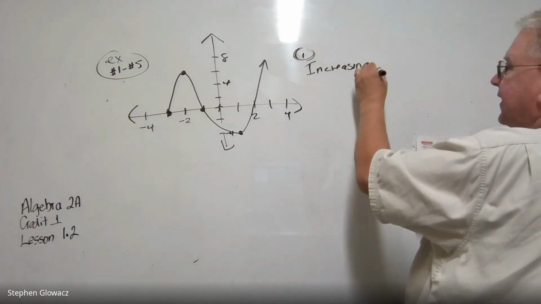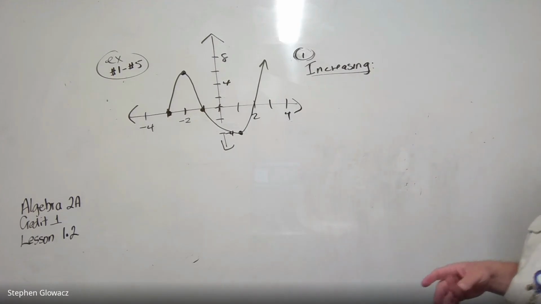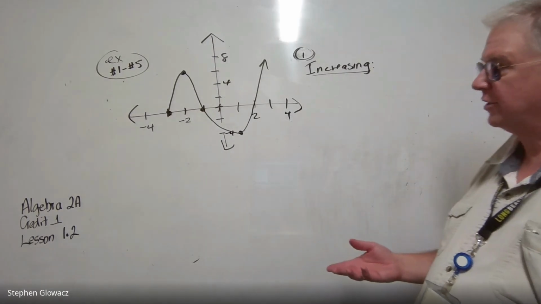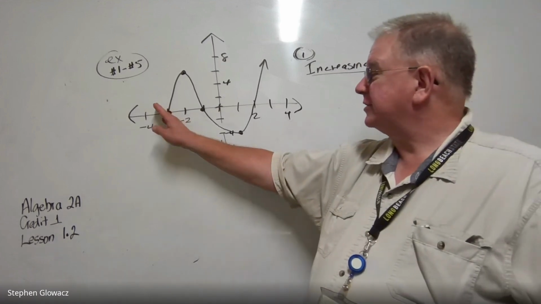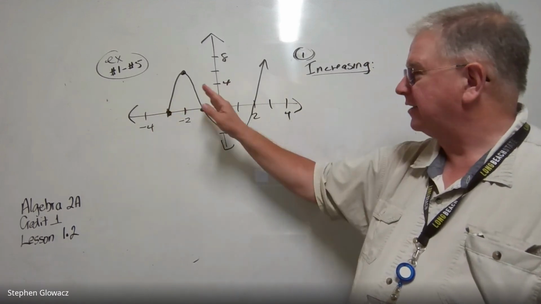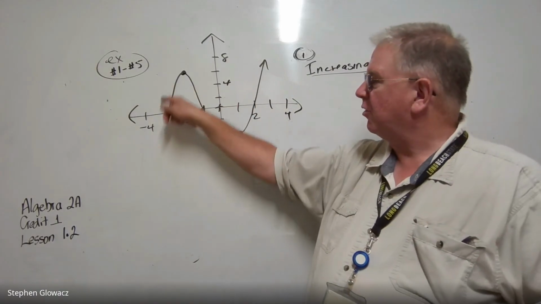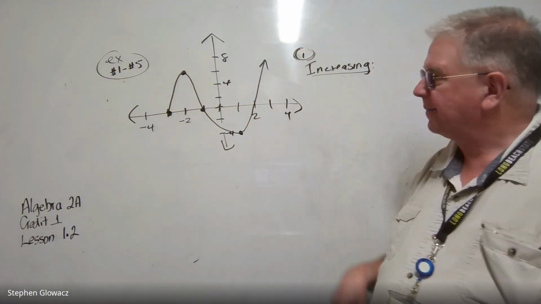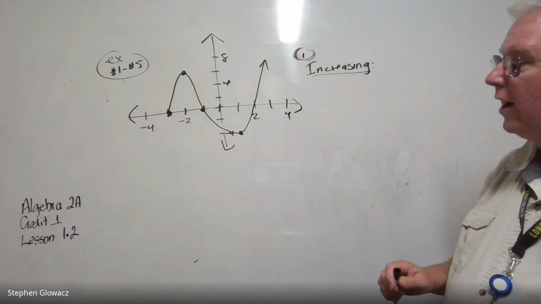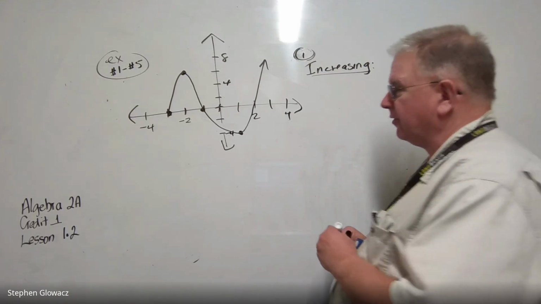All right, so one way to think of increasing is imagine you're on a roller coaster, and this roller coaster is going to move from left to right, not right to left, only left to right. We want to know where that graph would be increasing.